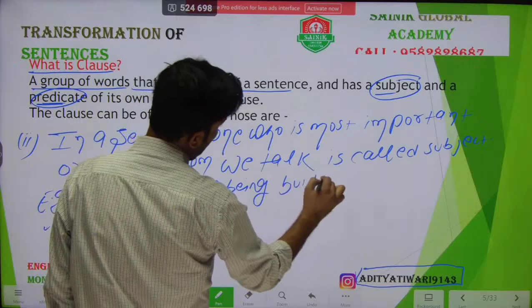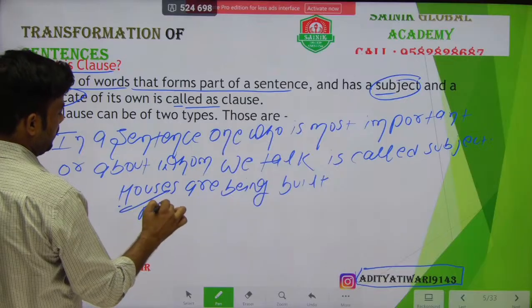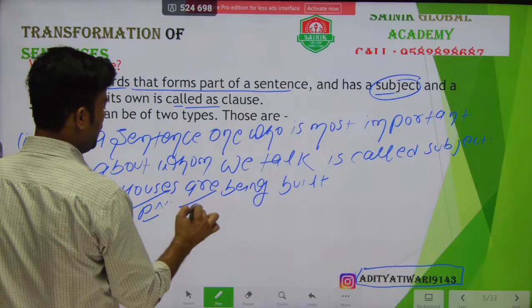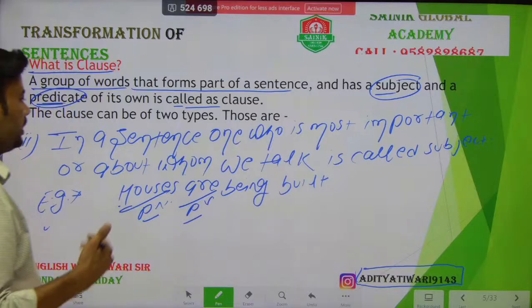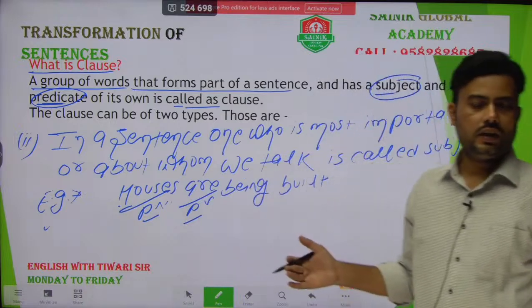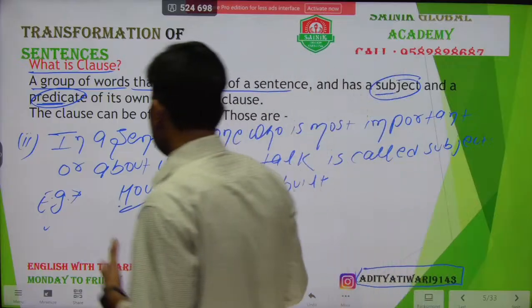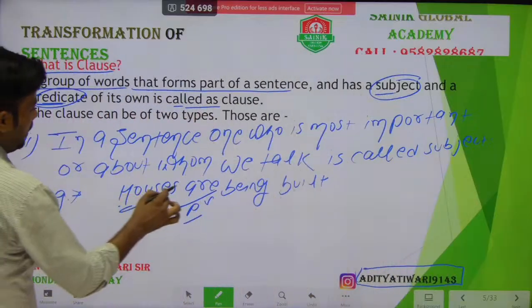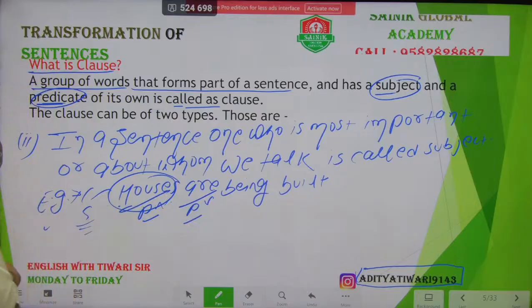See, here I have used "houses", it has come in the plural sense, so that's why we have used a plural verb. If I say houses are being built, who is making the houses? We don't know. But what we are talking about is houses. Then in this sentence we can consider houses as the subject.